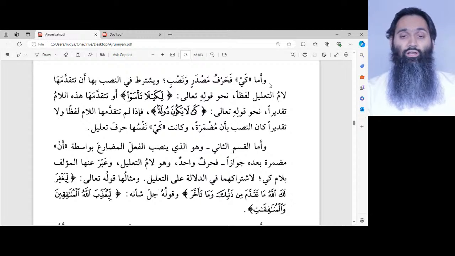So in these two examples, k by itself makes the fi'l mudari' after it mansoob.